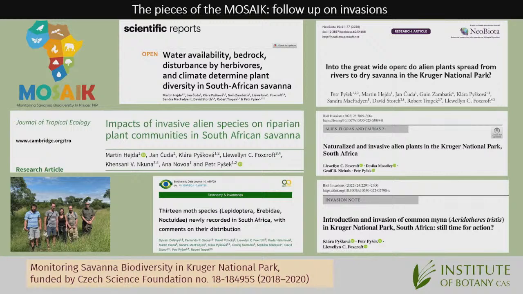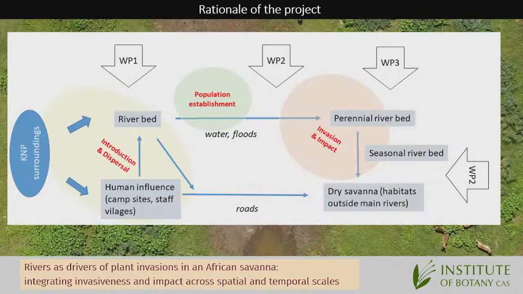We also touched on invasive species, but this project has an invasion focus. The rationale here is that the species get into the park from the outside, from the external surroundings of the park. They establish in the riverbeds and spread from riverbeds to the open savanna.